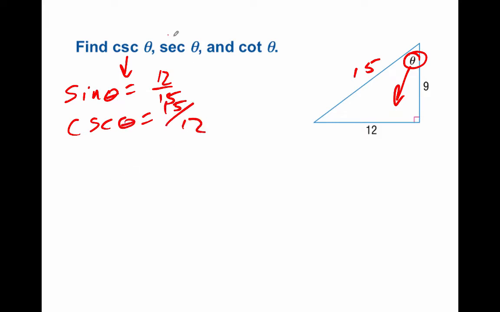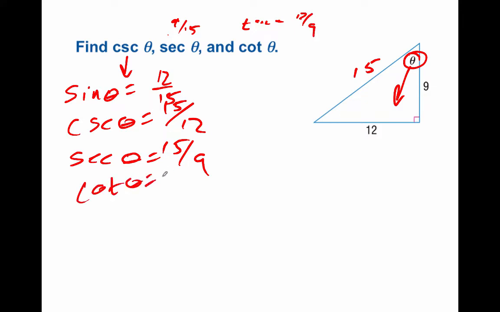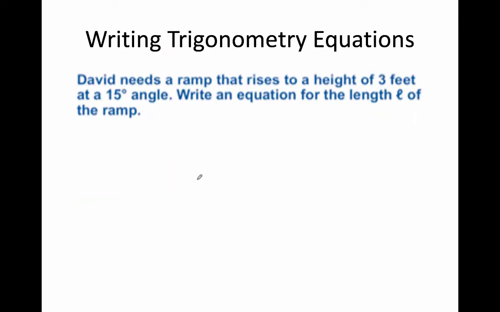The cosine would be 9 over 15, so the secant is 15 over 9. And we could simplify these ones as well. And the tangent would be opposite over adjacent, 12 ninths, so the cotangent is 9 twelfths.